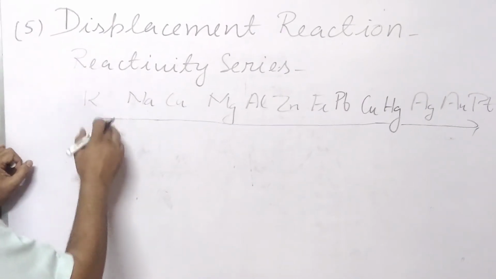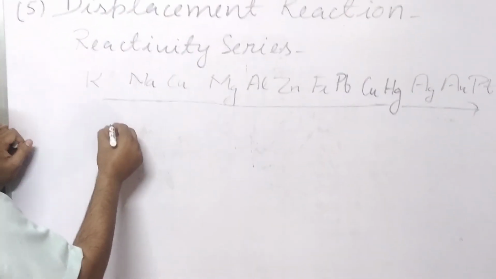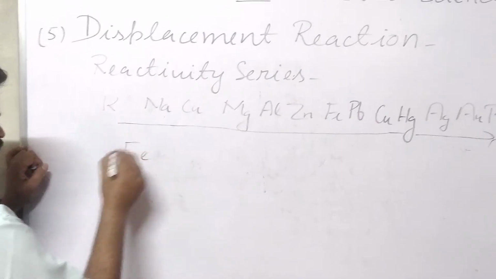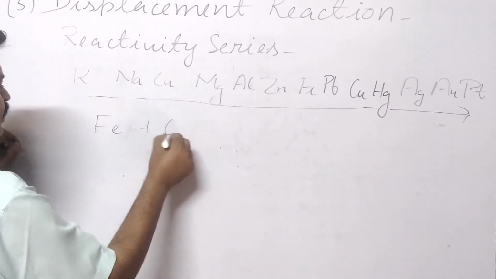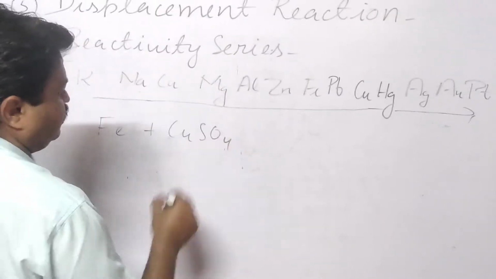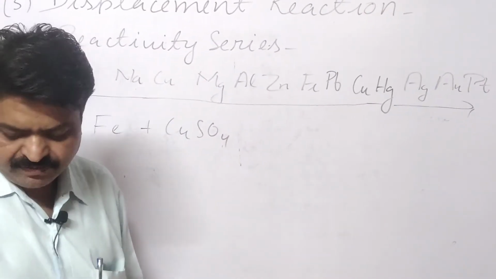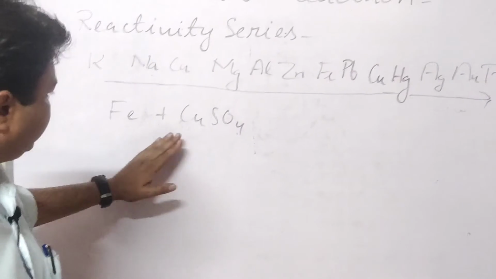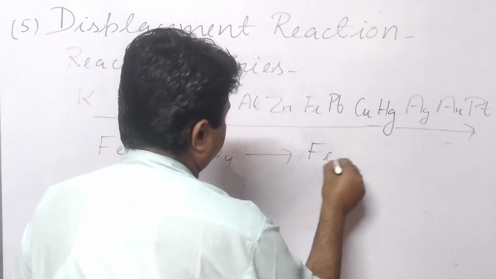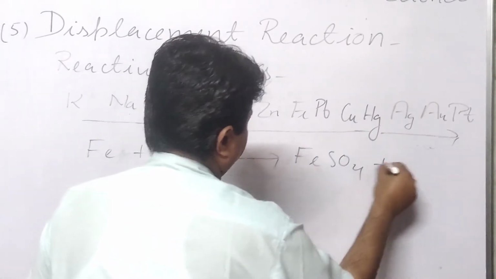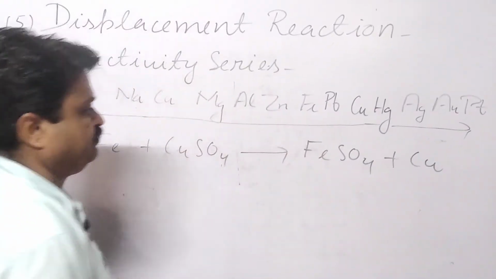Now we will discuss one chemical reaction. If we take iron and put it in copper sulfate solution, CuSO4, then what do we get, student? We get FeSO4 and the copper will be displaced here.